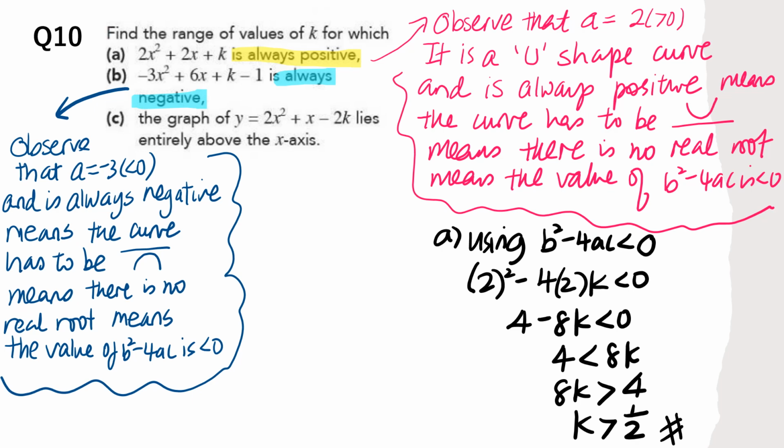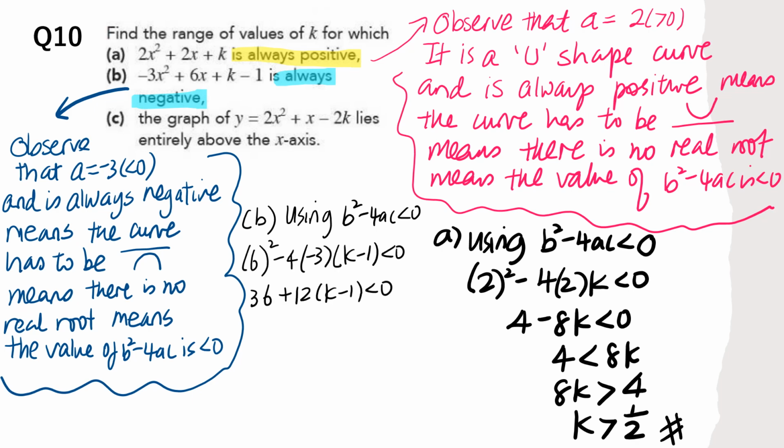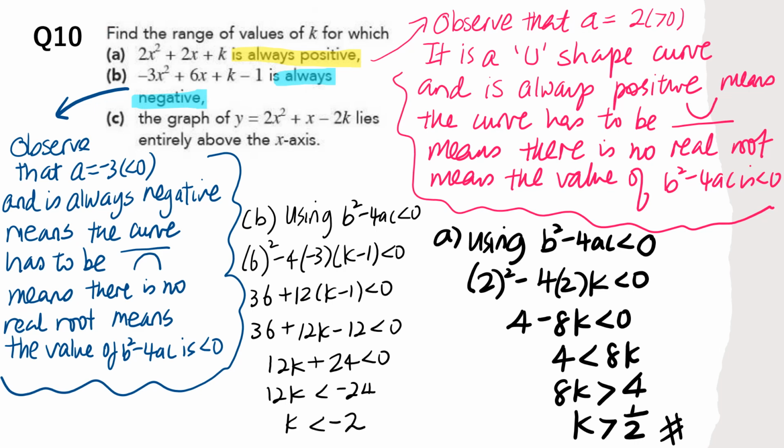So similarly, we apply b squared minus 4ac less than 0, substitute the values for b, a, and c. You end up getting an inequality. You solve it, and you will get k less than negative 2, sorry.